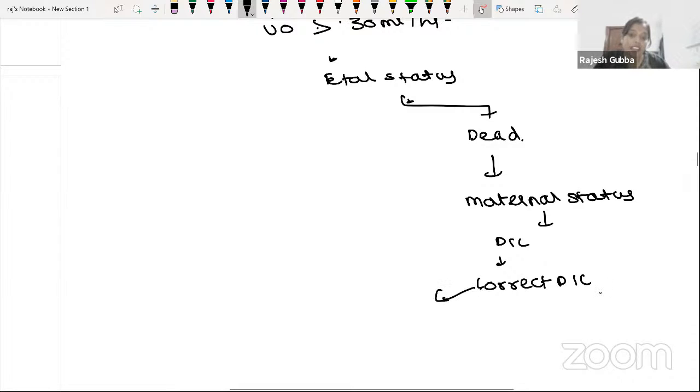Do you want to do vaginal delivery or cesarean section? Uterus is in a josh to push everything outside. Will you tell the uterus to be quiet, I want to take you for cesarean? You will let it deliver, right? So when there is DIC, you have to correct DIC and let them go for a vaginal delivery.